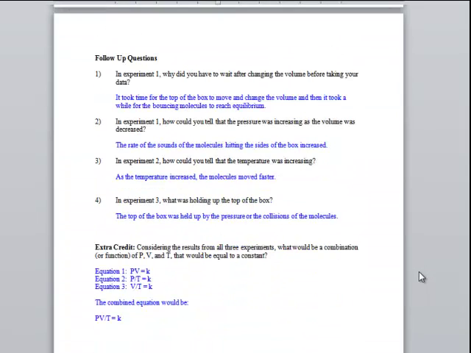And the final question is, what would be the final relationship that you would come up with from the answers for all 3 of the experiments? So that's the gas laws experiment from Multimedia Science.